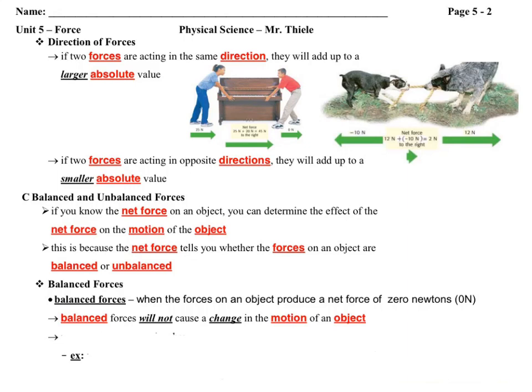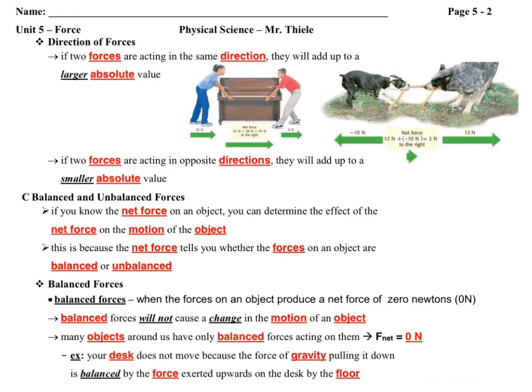And there are many objects around us that have only balanced forces acting on them with a net force of 0 newtons. What's an example of an object that has balanced forces acting on it? It's easy to point out objects like your desk.